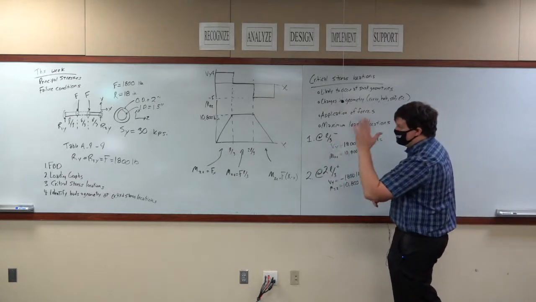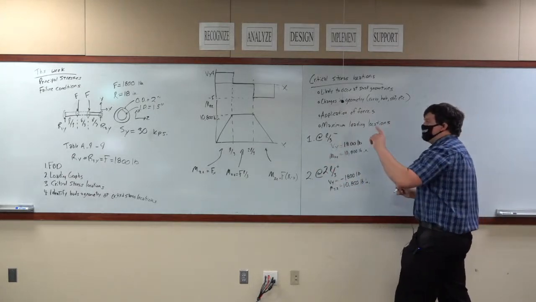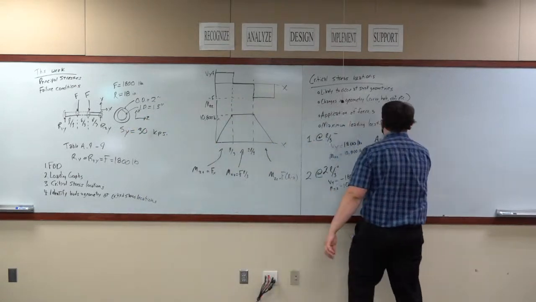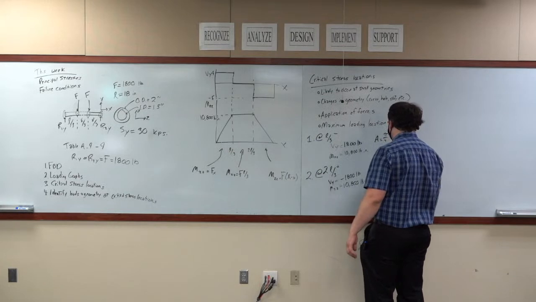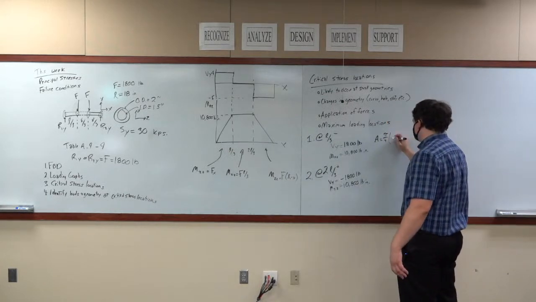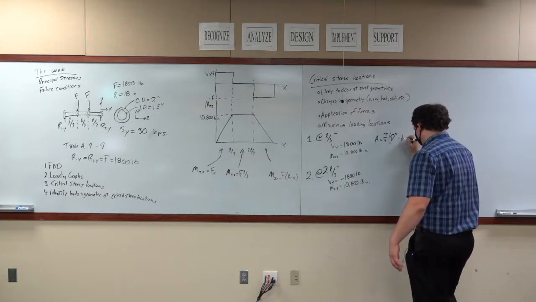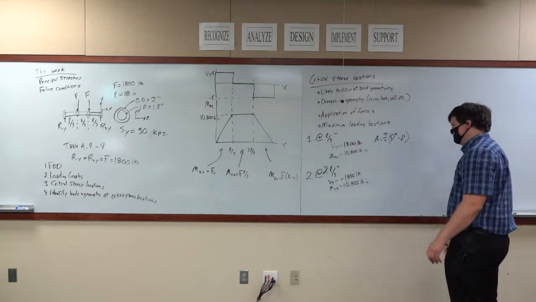Our area is going to be the area of this cross-section right here, which is given by pi over 4 times outer diameter squared minus inner diameter squared.